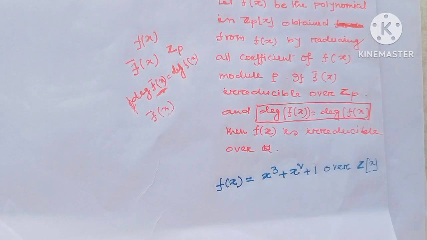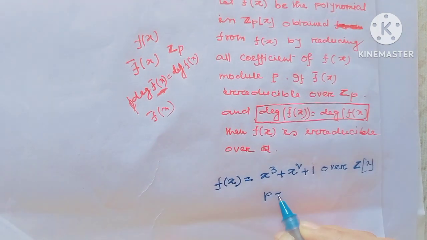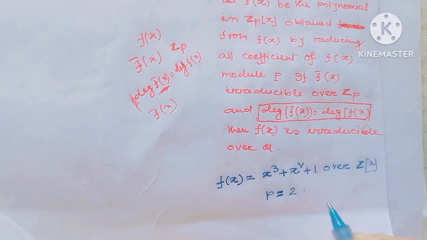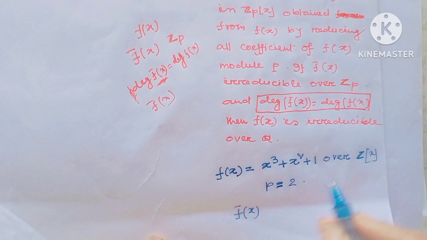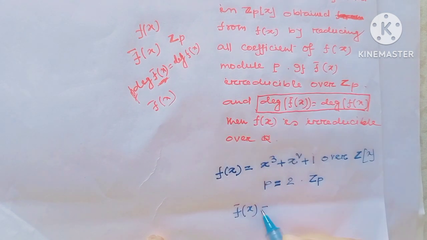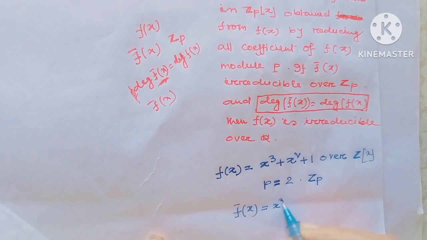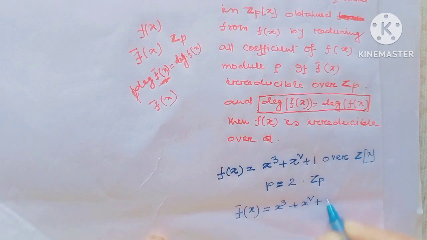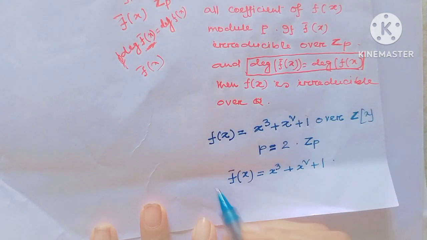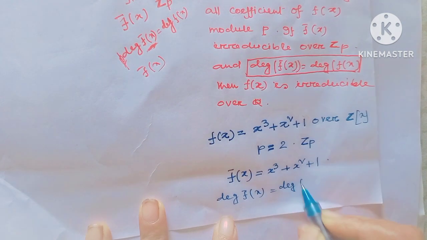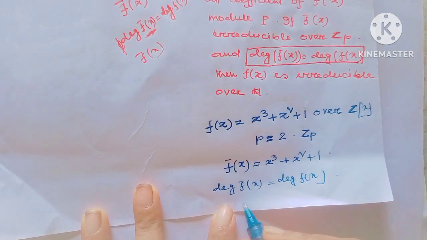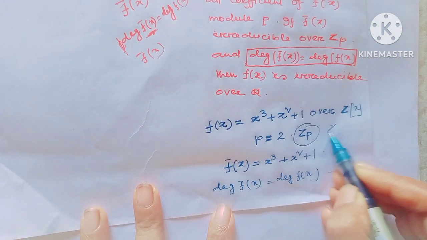For this, consider x cubed plus x squared plus 1. Is it irreducible over Z[x]? Consider the prime p equals 2, and f bar(x), which is reduced over the field Zp. By reducing, this polynomial would be x cubed plus x squared plus 1. And notice, degree of f bar(x) is equal to degree of f(x). Here Zp is Z2.